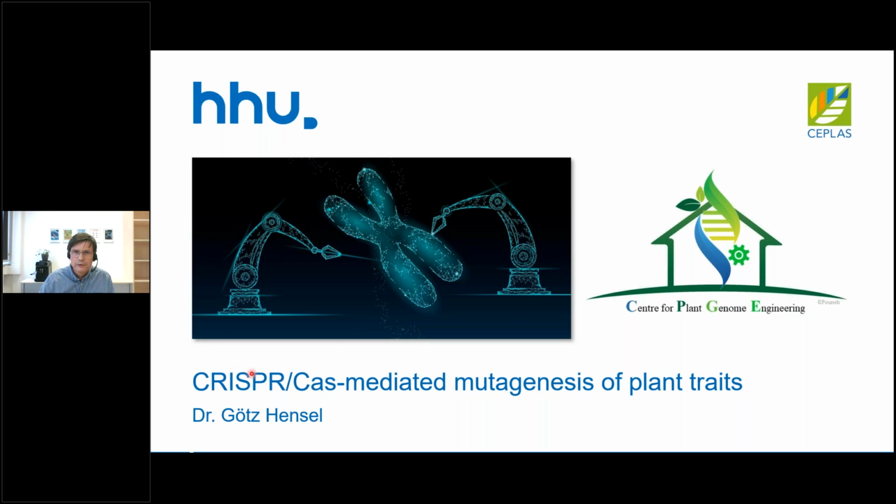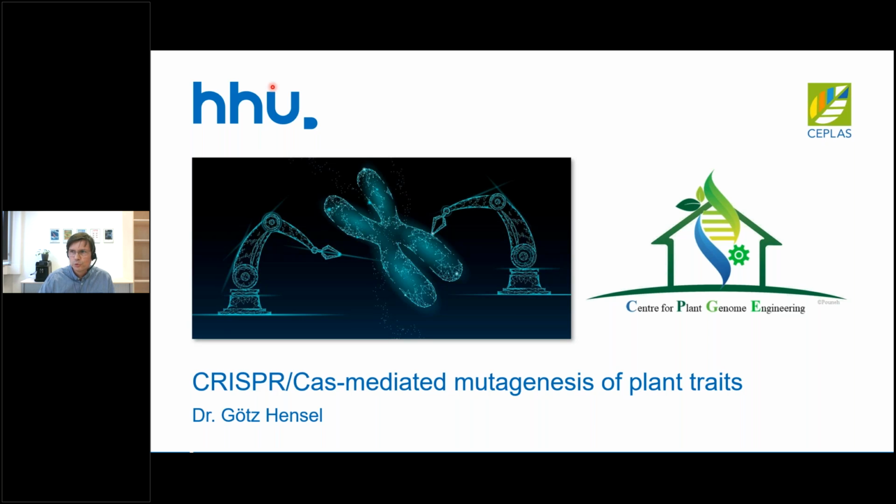And the title you already can see here on the first screen. So it's CRISPR-Cas mediated mutagenesis of plant traits, and this is performed mainly at my previous employer at IPK Gatersleben.